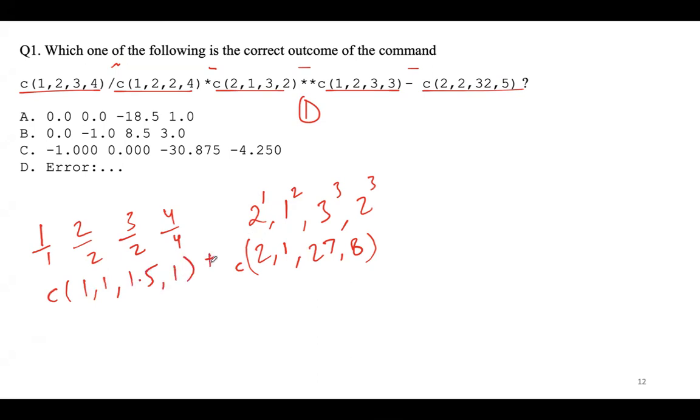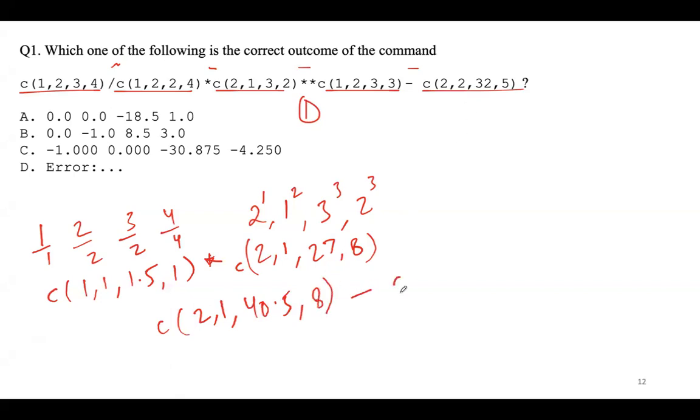And then this vector multiplies with C. So here we get 2, comma 1, and 27 times 1.5, which is 40.5, and 8.